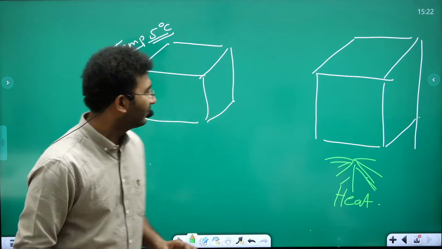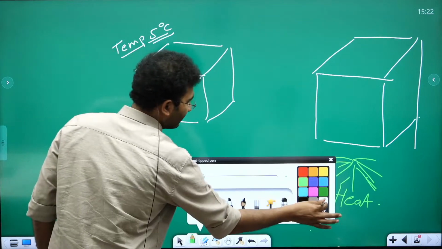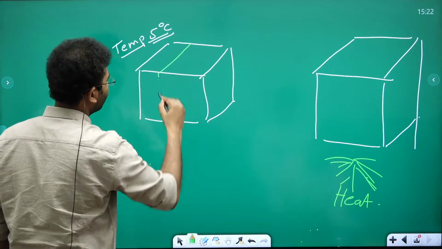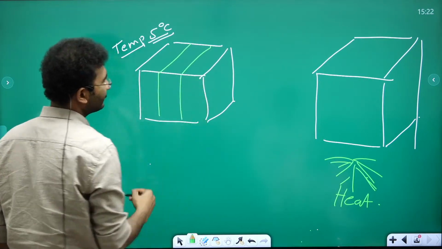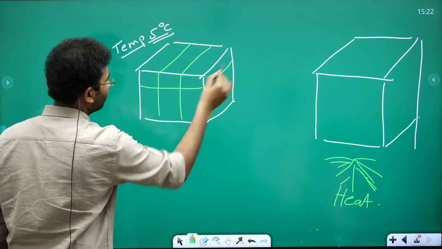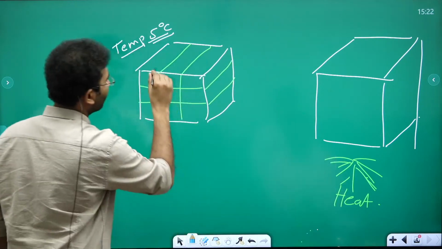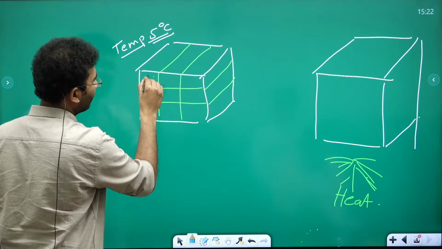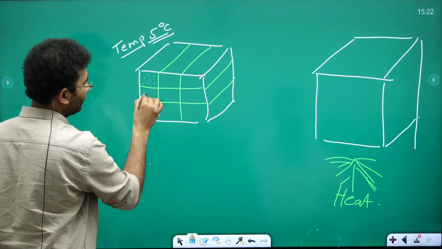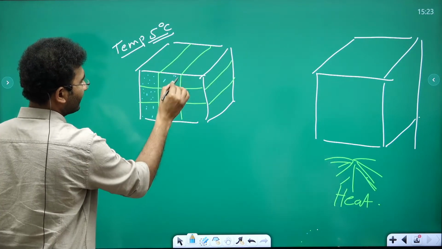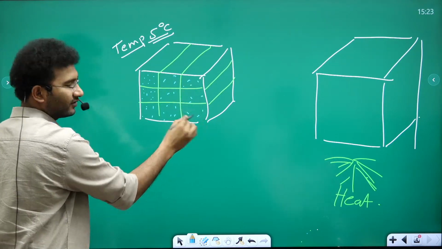Right? Now imagine, in this packet of air, earlier, there is some air that is present, and here there are some air molecules. 1, 2, 3, 4, 5, 6, 7. Like that, you have air molecules which are packed. Clear?